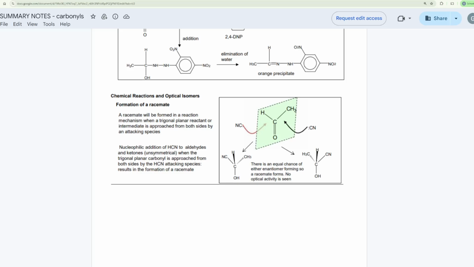Makes sense. That's interesting. There is an equal chance of either forming, so the racemate forms and no optical activity is seen. Okay, wonderful to know.